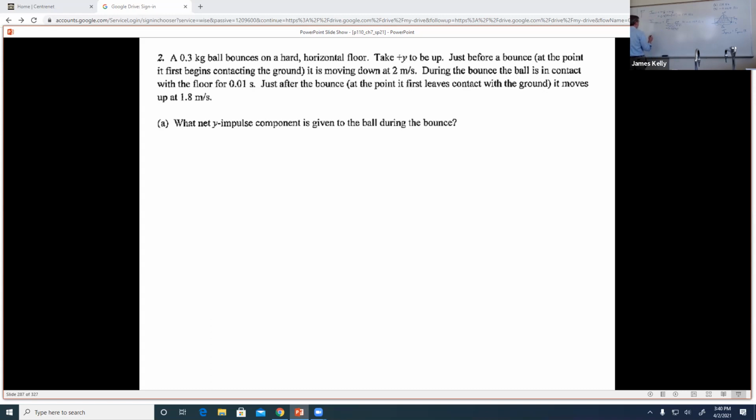So I think what Arthur's suggesting is that we could say the net impulse Y component is, by definition, net means from all forces. That's equal to the gravitational Y component impulse plus the floor force Y component impulse.